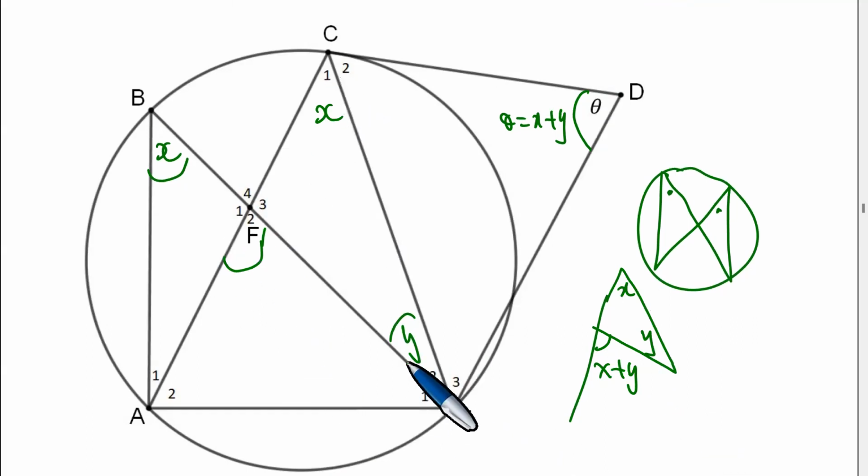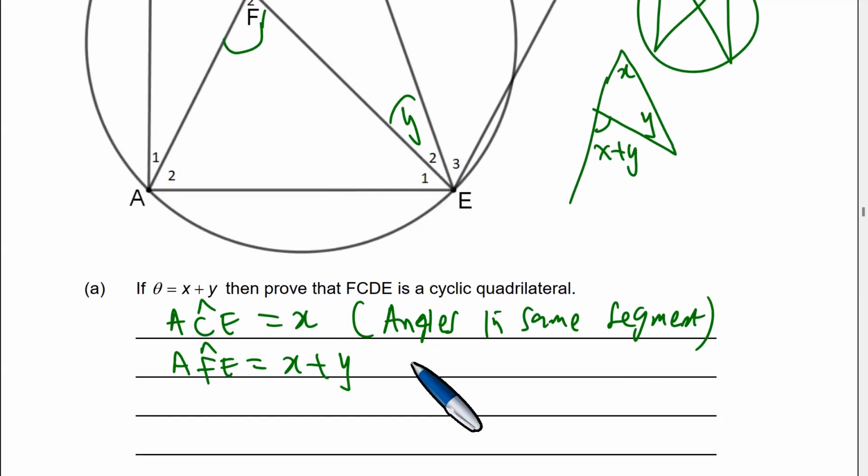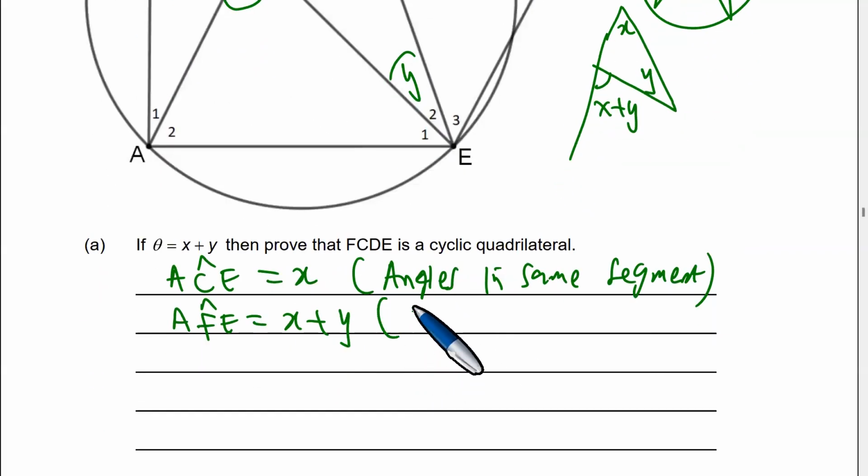The exterior angle of a triangle is equal to the sum of the interior opposite angles.